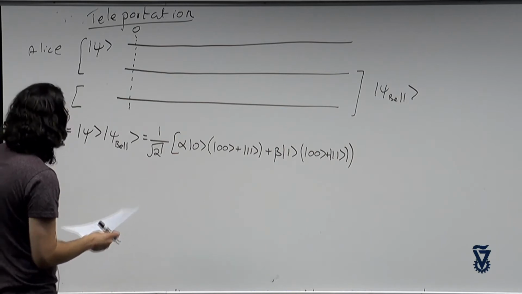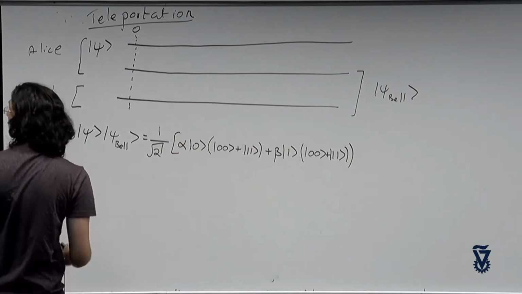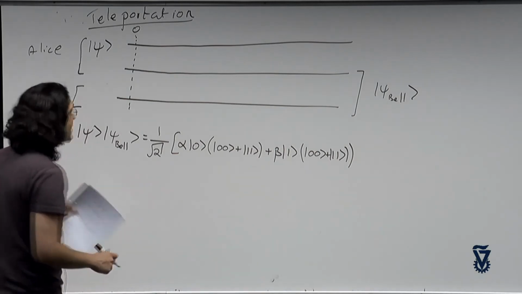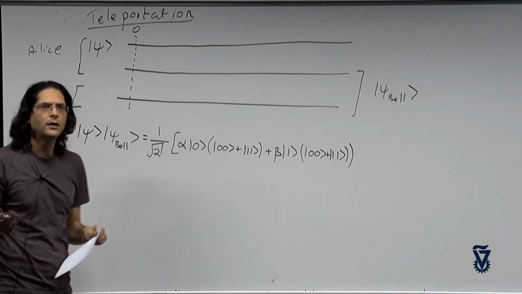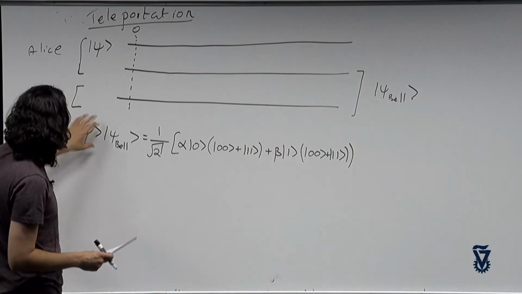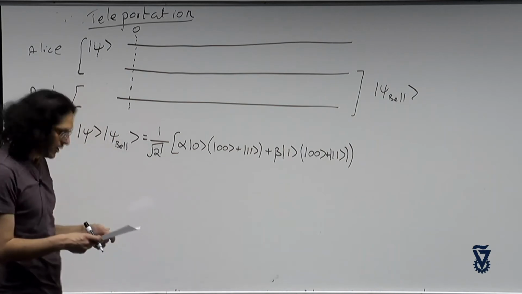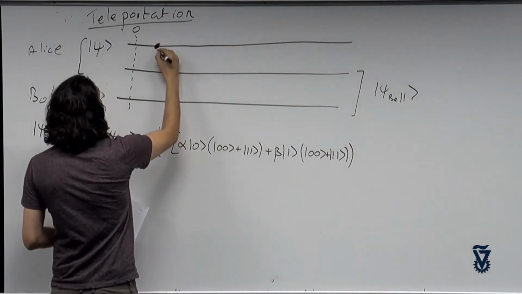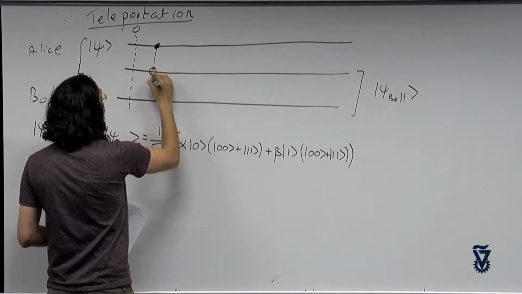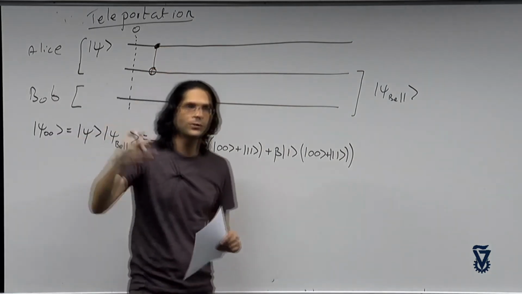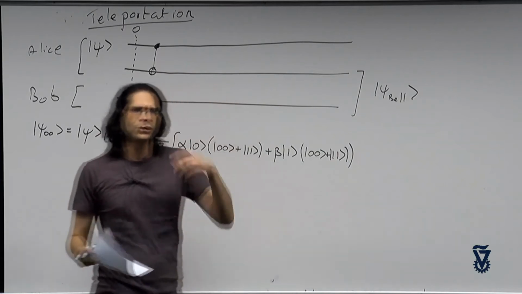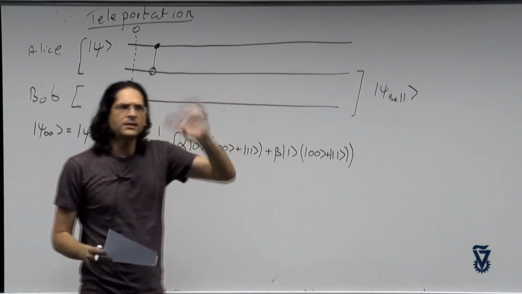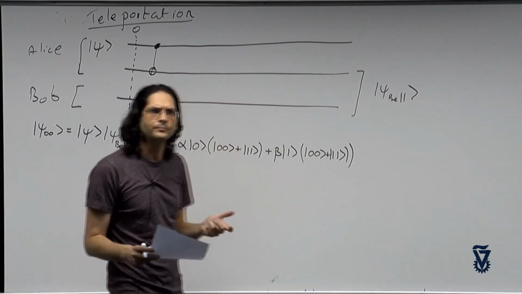And what we're going to do now is what's written on the board. Alice is going to entangle her qubit with her part of the Bell pair. The way it's written down here is she's going to do a CNOT operation. We saw before when we were doing the qubit copying example that when you do a CNOT, it basically entangles your qubits.